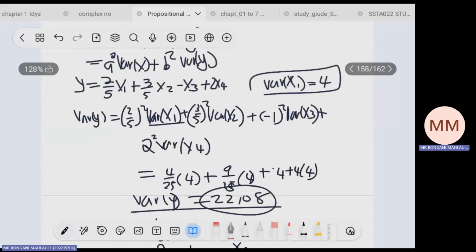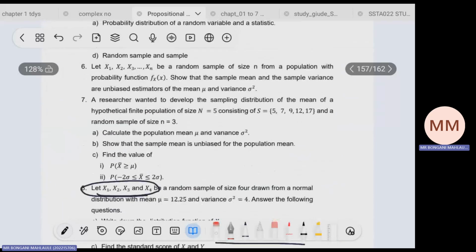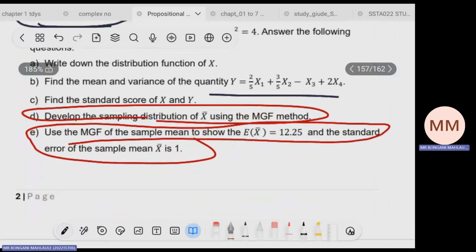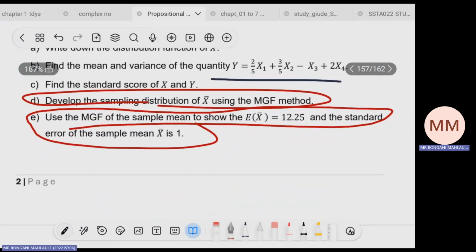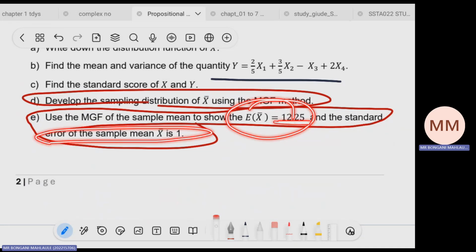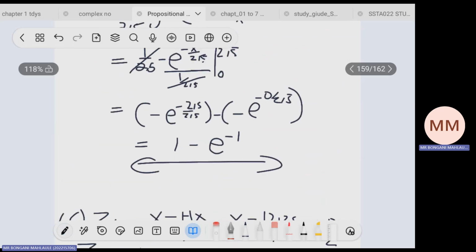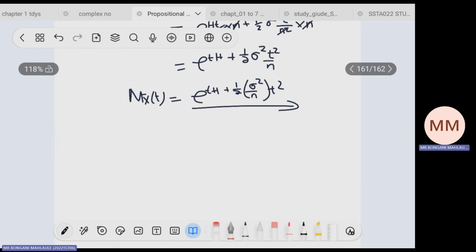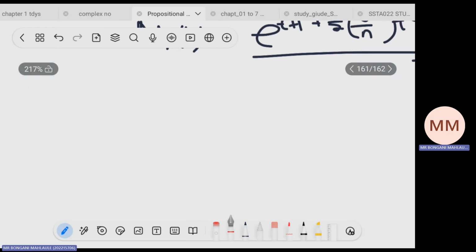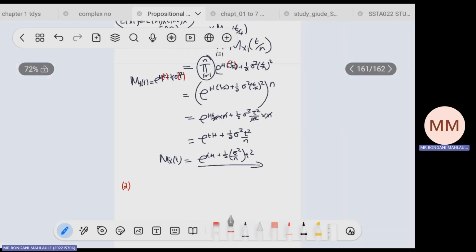And the second, I think the last question, they said: use the MGF to show that the expected value is equal to 12,5 and the standard error of the mean is 1. So the standard error is basically, find the standard error.